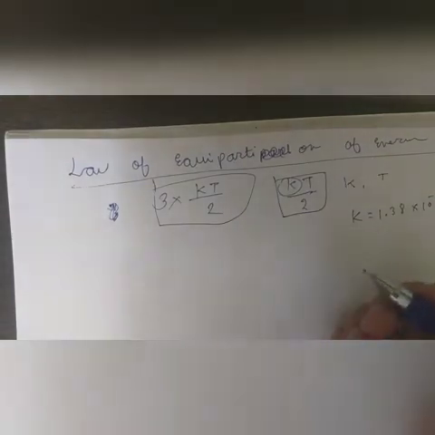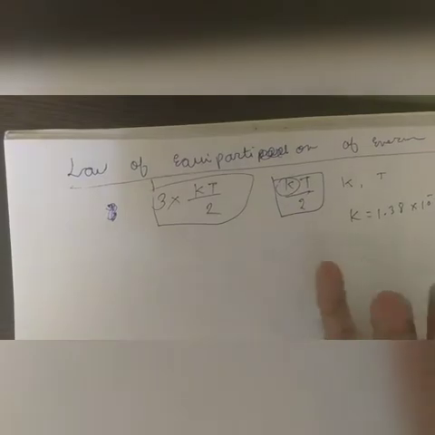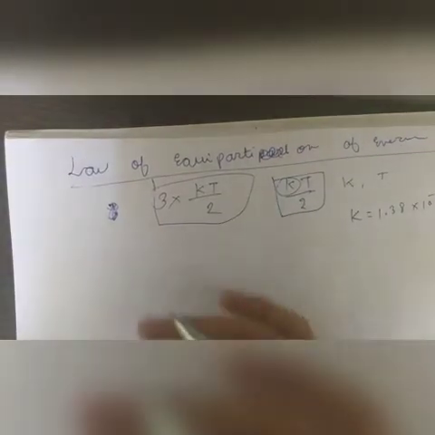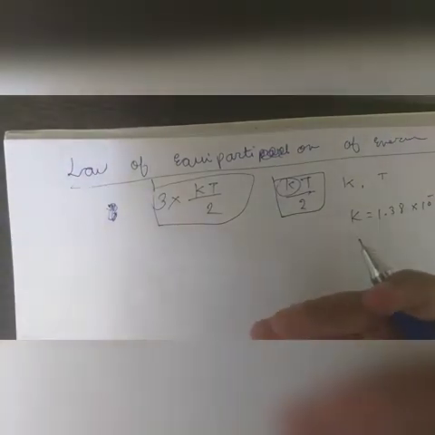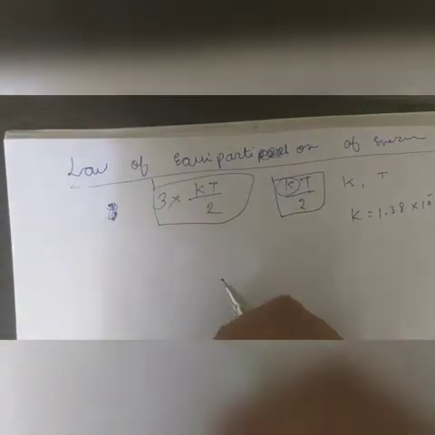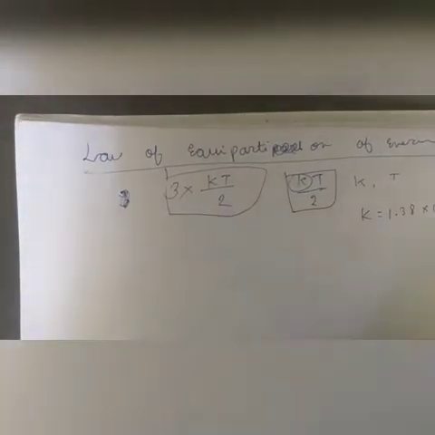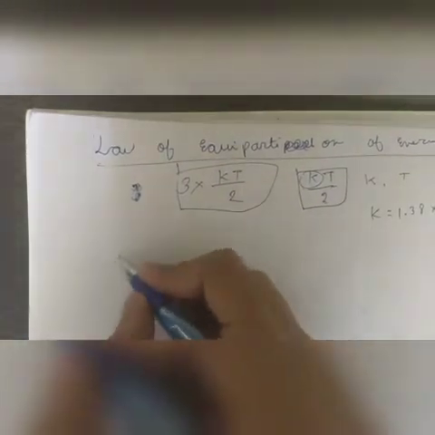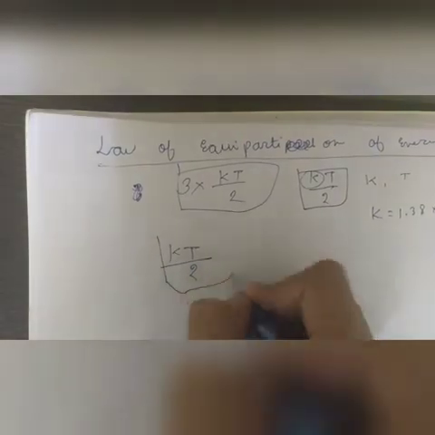Each standing wave is an independent system, the independent variables used to describe the whole system. So basically we can say that each standing wave is carrying an energy of this term.